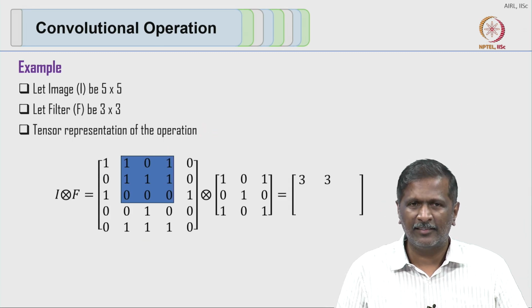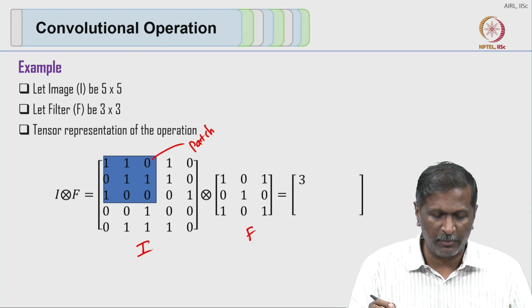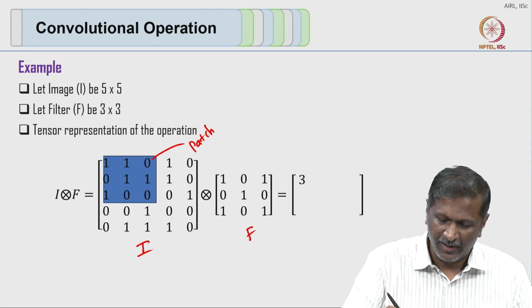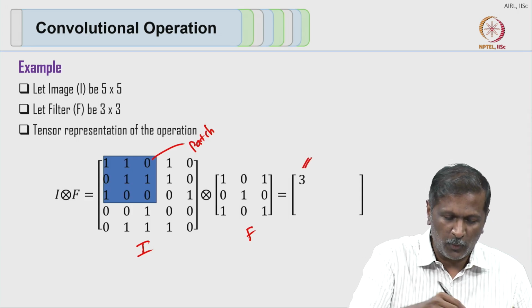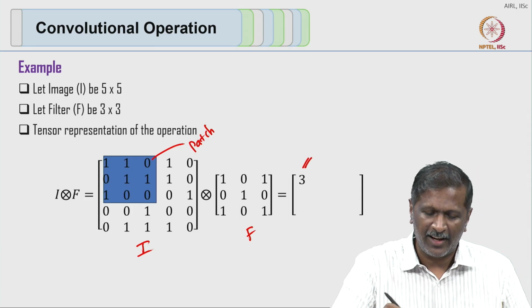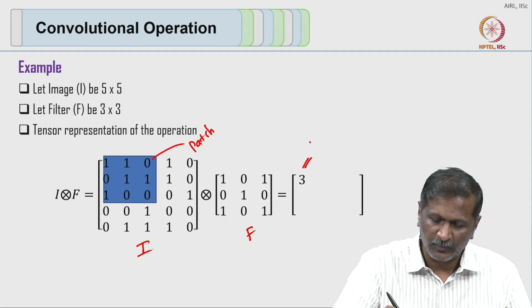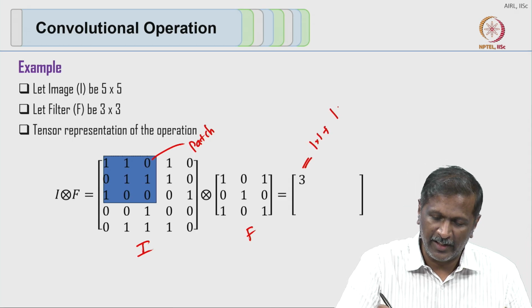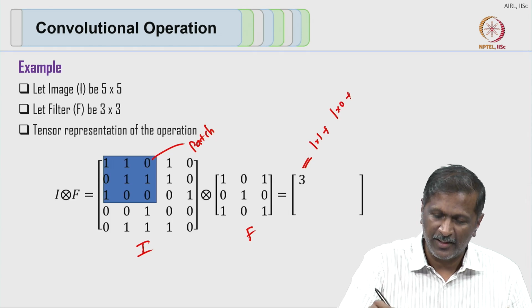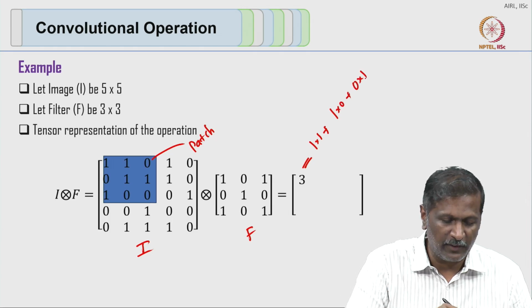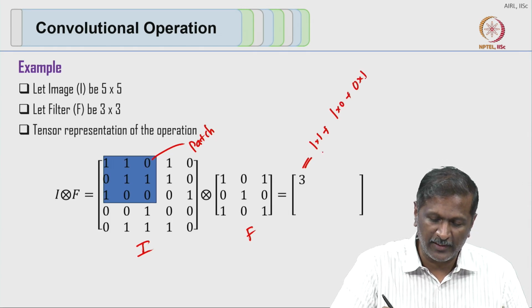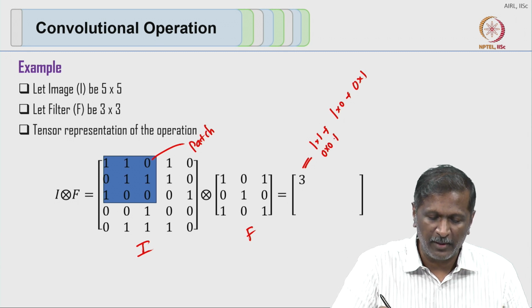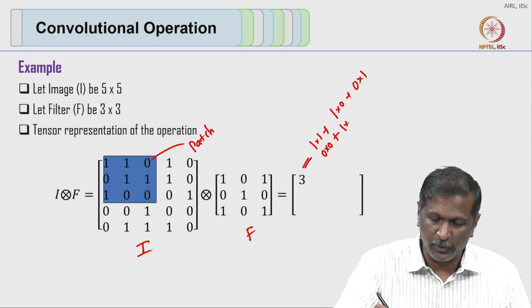How do I get this 3? The first row: 1 into 1 plus 1 into 0 plus 0 into 1. Second row: 0 into 0 plus 1 into 1 plus 1 into 0.